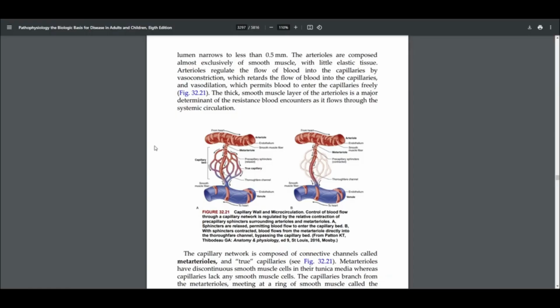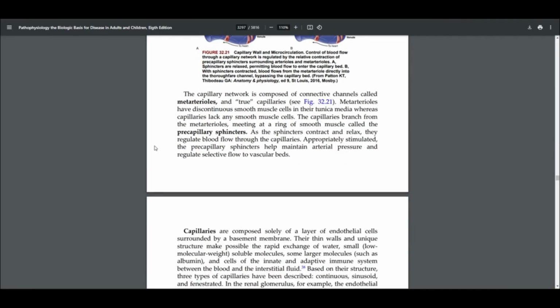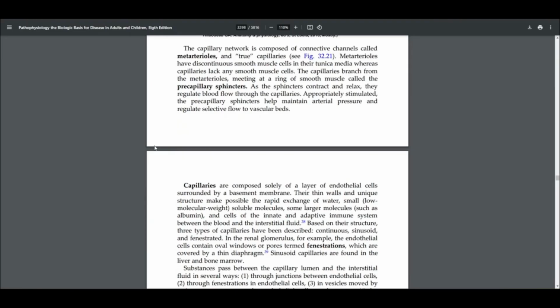Arterioles regulate the flow of blood into the capillaries by vasoconstriction, which retards the flow of blood into the capillaries, and vasodilation, which permits blood to enter the capillaries freely. The thick smooth muscle layer of the arterioles is a major determinant of the resistance blood encounters as it flows through the systemic circulation.